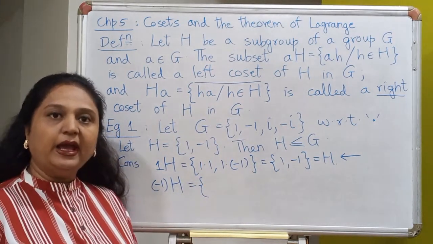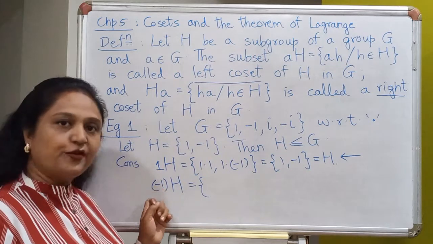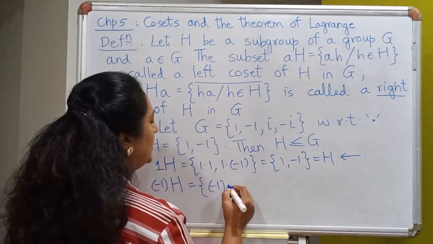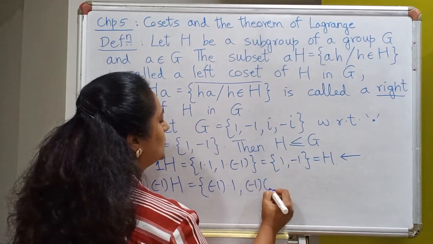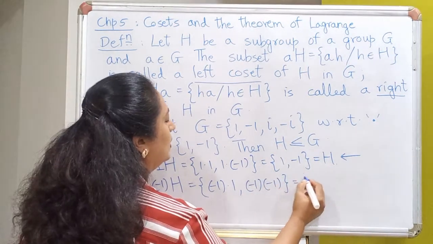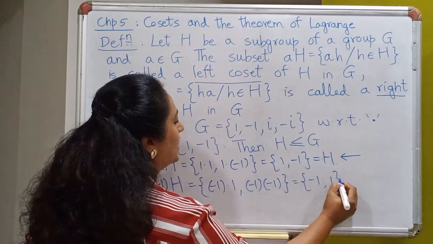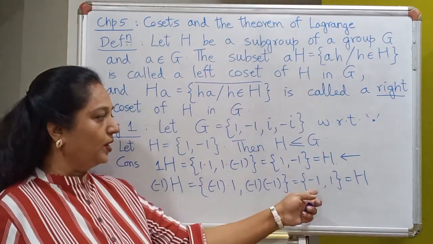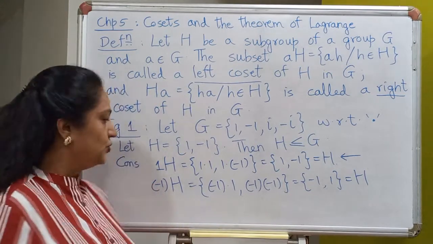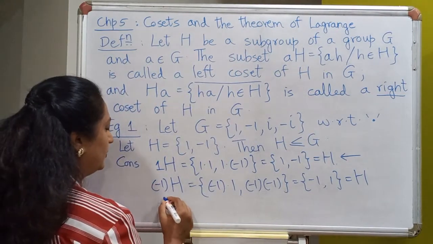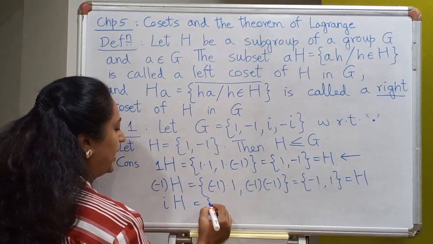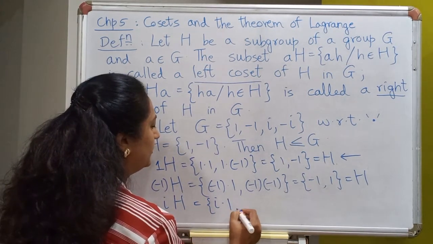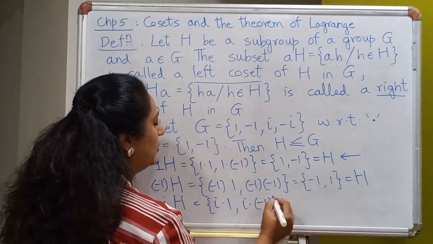Now I multiply every element of the subgroup H from the left by minus 1. So I'll get minus 1 into 1, minus 1 into minus 1. So that will be minus 1, 1. Notice that in a set, order of elements is not important. So this is still the same as H. Also, let's look at the left coset iH. iH will be i into 1 and i into minus 1.